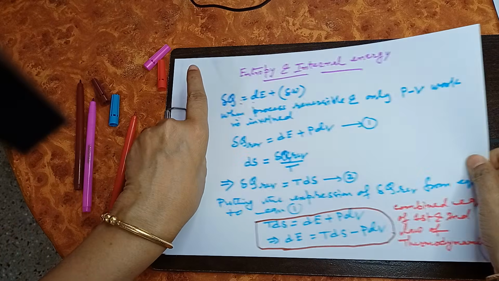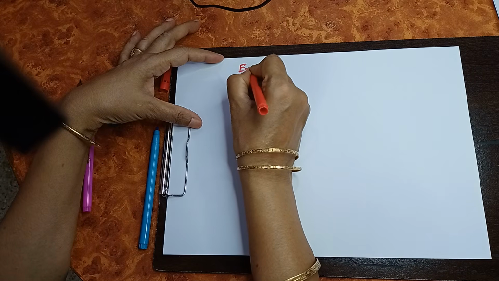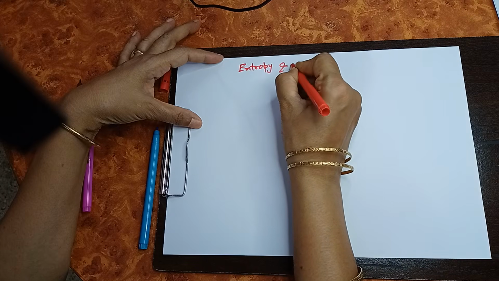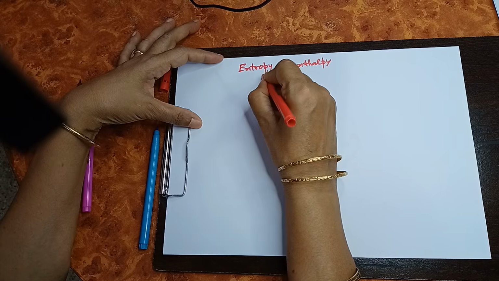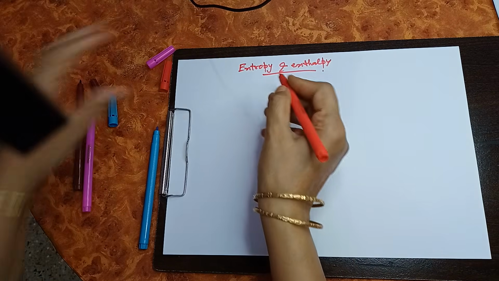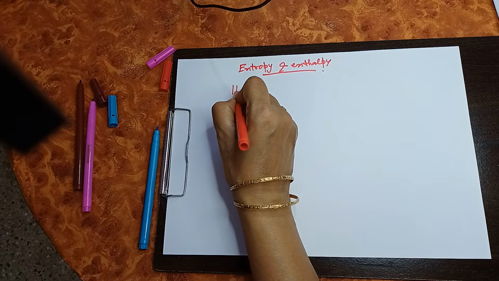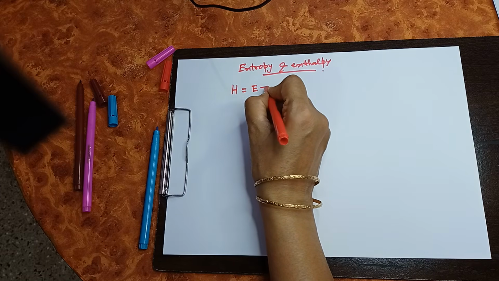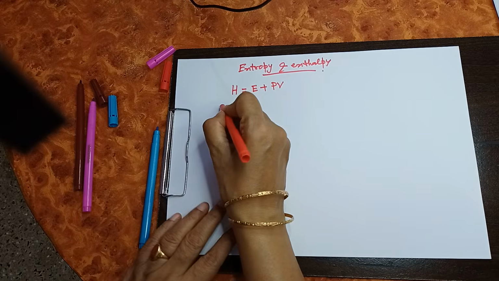Now, our another topic is entropy and enthalpy. All of us know, and I have already discussed in my earlier videos, that enthalpy or heat content H is equal to E plus PV. Now you differentiate.